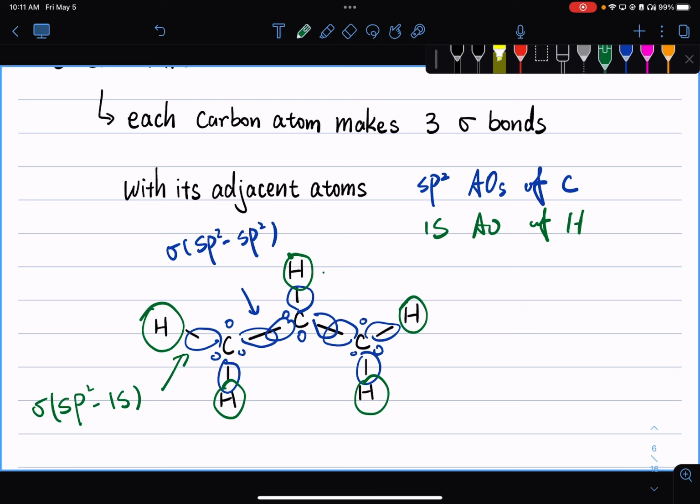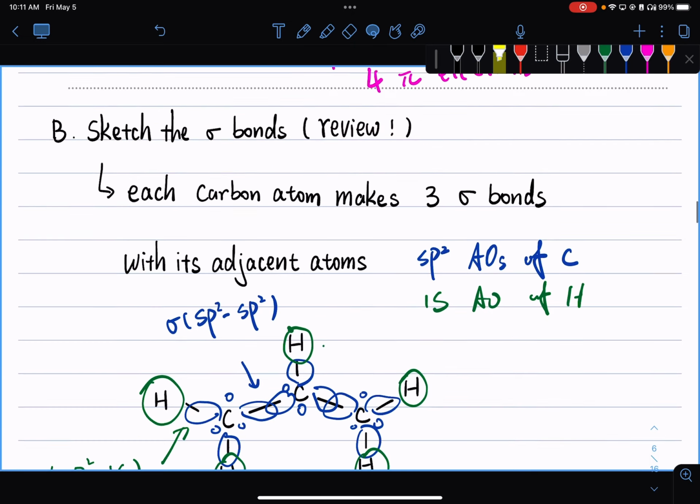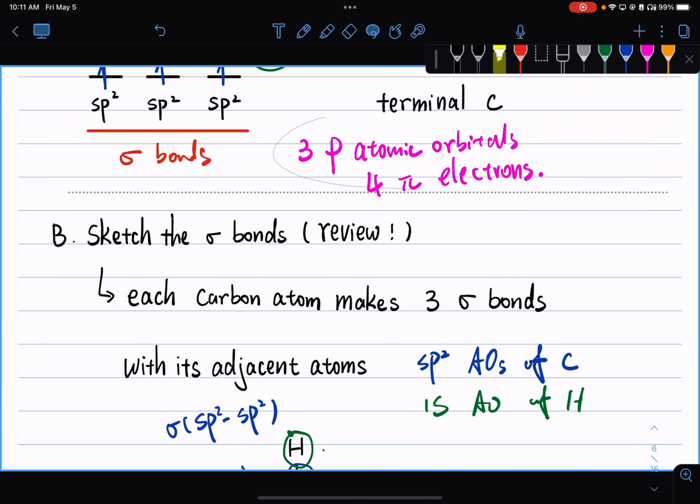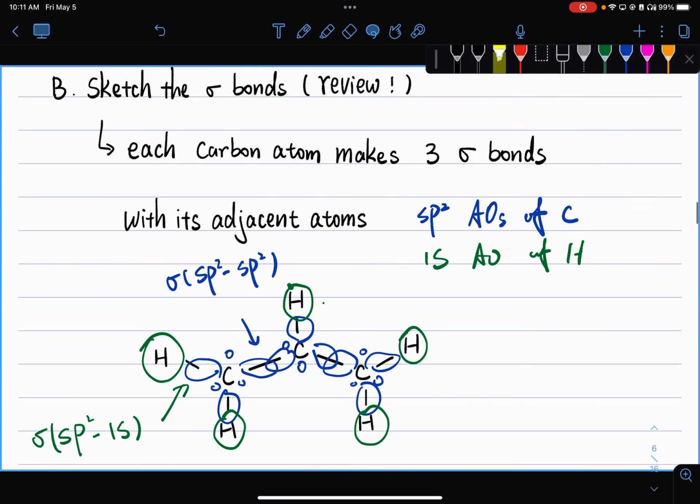Now it comes to the fun part that's making the allylic system so special, which is the pi bond. What does the pi electron look like? Remember, we have 3 p atomic orbitals, and we have a total of 4 pi electrons. Before I move on to pi electrons, do we have any questions so far? We're good?